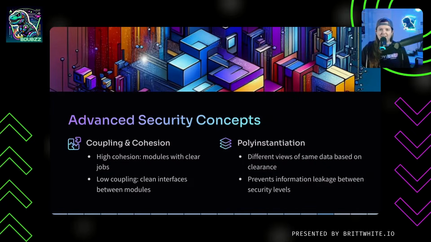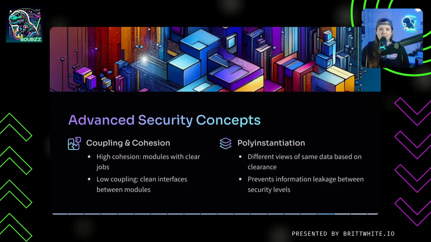For example, our authentication module only handles user verification, nothing else. Low coupling means that these modules communicate through clean, well-defined interfaces. It's like having a well-organized team where everyone knows their role and how to communicate effectively. This structure makes our system much easier to secure because we can quickly spot and fix vulnerabilities.